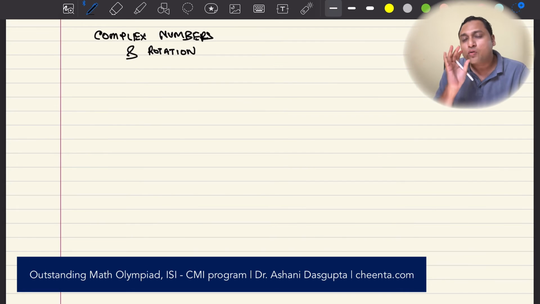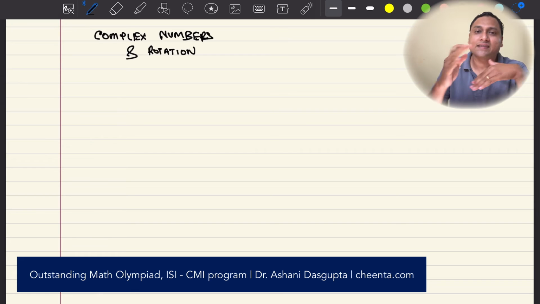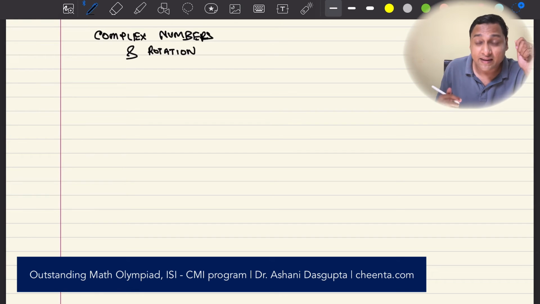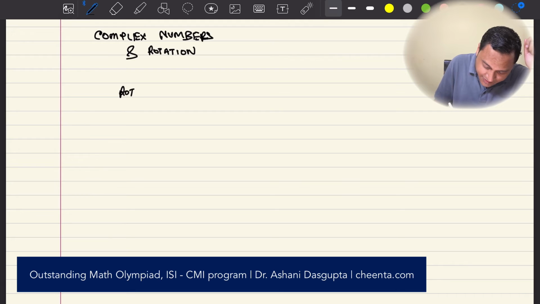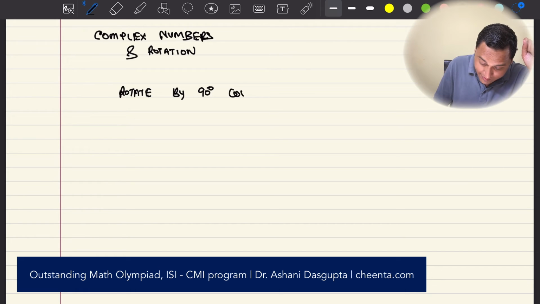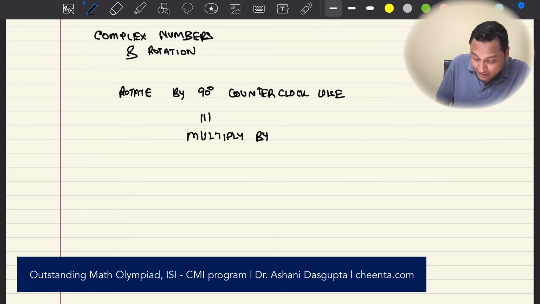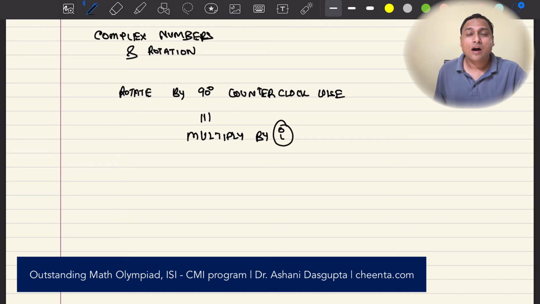The only thing you have to know is that if you want to rotate something by 90 degrees counterclockwise, then you have to multiply it by I, the complex number I. So how can you multiply?